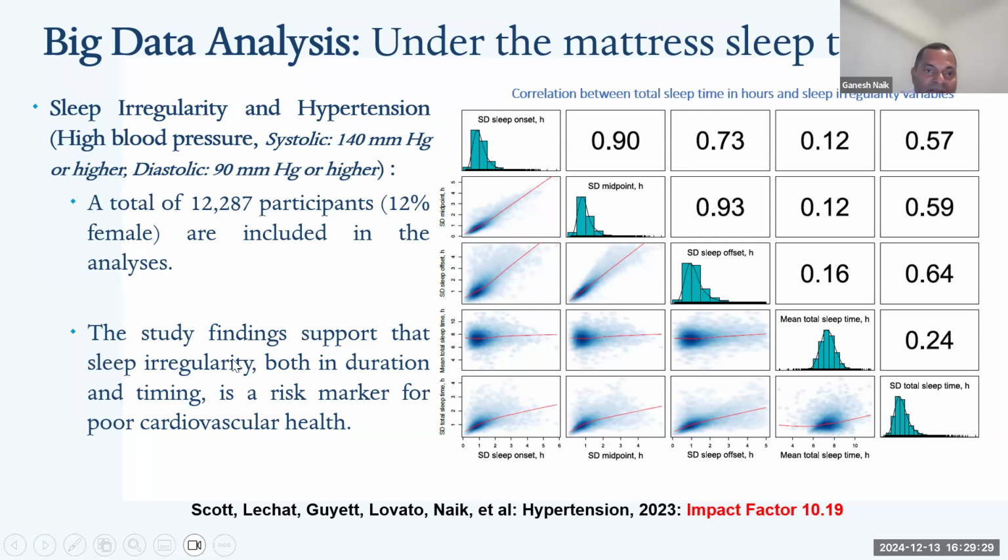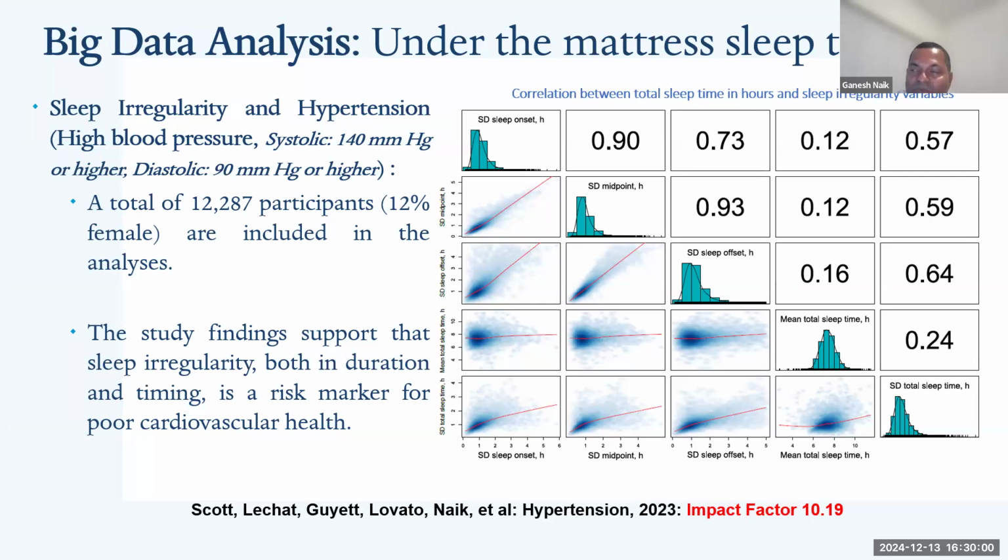Sleep irregularity means the variations from one night's sleep to another night's sleep, because we used a minimum of 28 days of data. This was good enough for us to see how much variation there was.